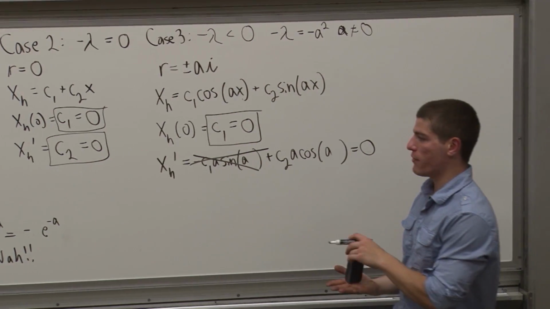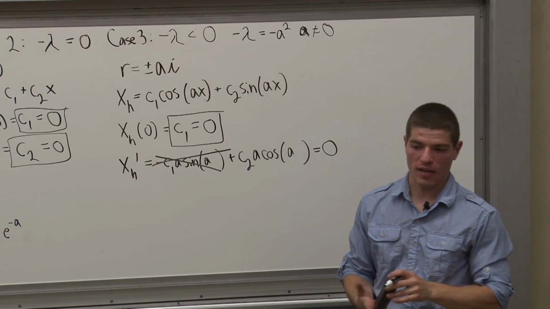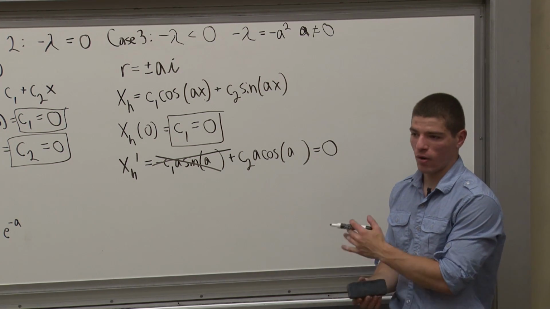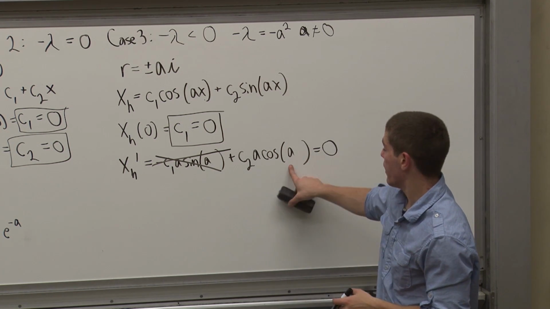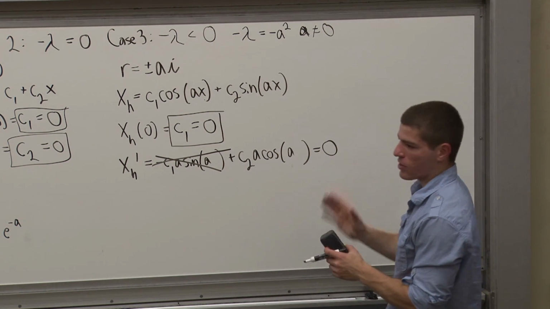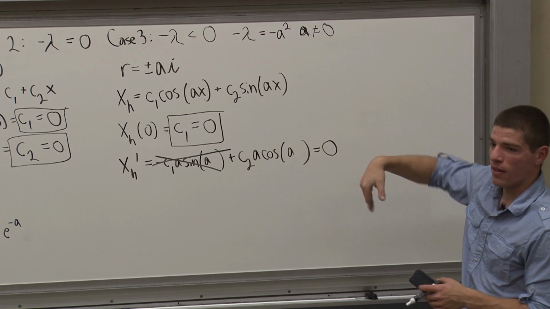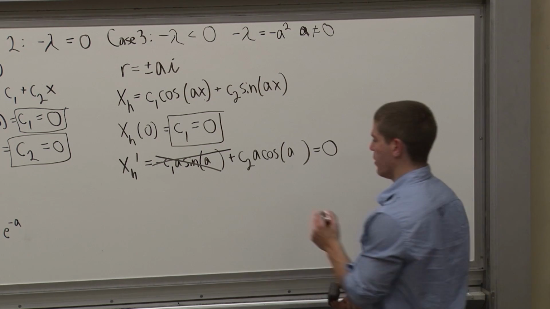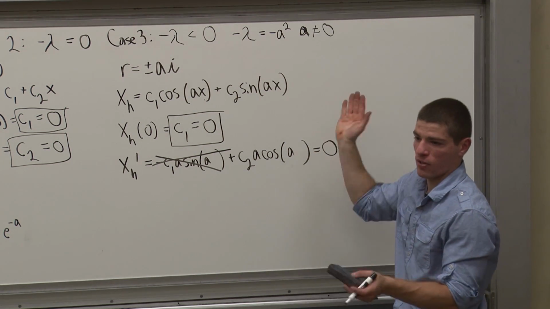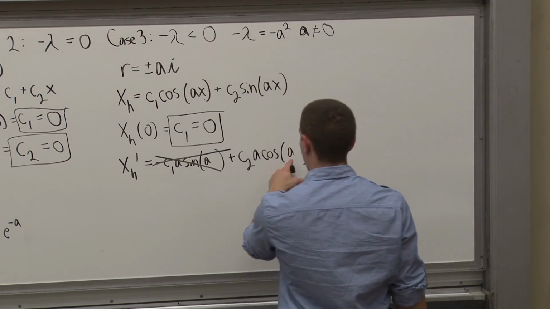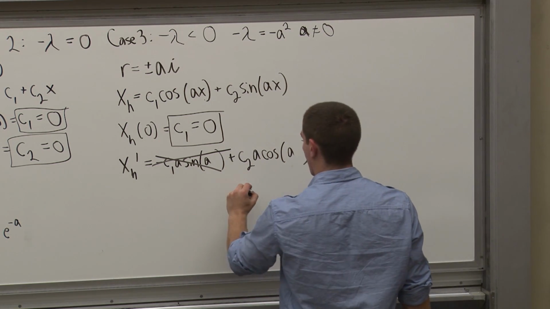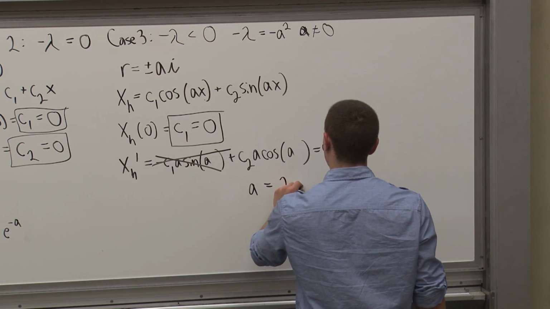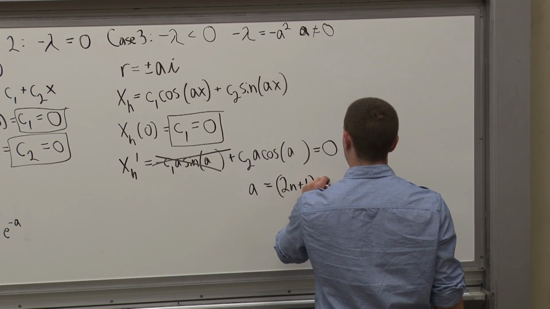When we have sine equal to 0, we want whatever is inside the sine to be an integer multiple of pi: 1 pi, 2 pi, 3 pi. When it's cosine equal to 0, it's at the top or bottom of the unit circle, and that's represented by an odd multiple of pi over 2, like pi over 2, 3 pi over 2, 5 pi over 2, etc. So whatever is inside the cosine, a is equal to (2n plus 1) times pi over 2.